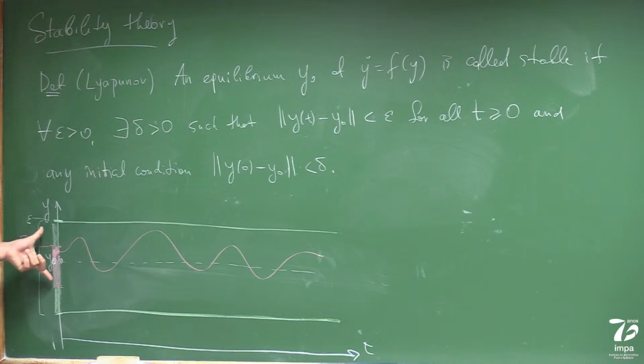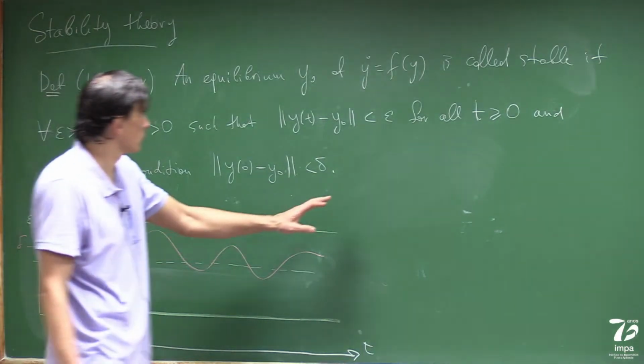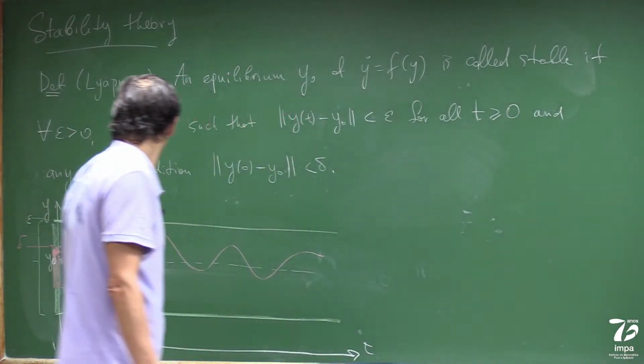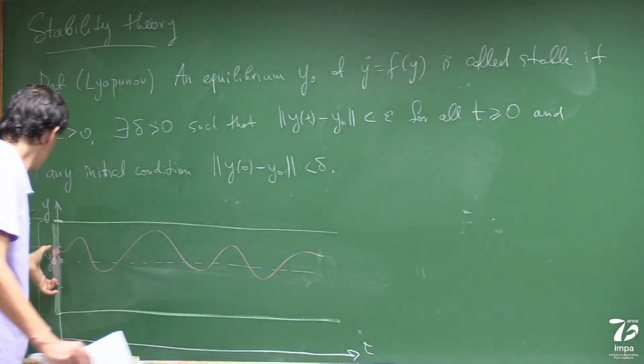So I will stay epsilon close to equilibrium if I start delta close to equilibrium. It's stable if I always can control our system near the equilibrium point just by starting sufficiently close. This is just the exact formulation of how it's done. What is important is that it's forever, so for all times, and for all initial conditions within the delta neighborhood.